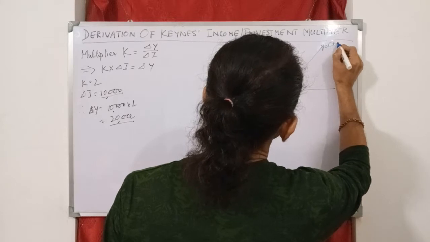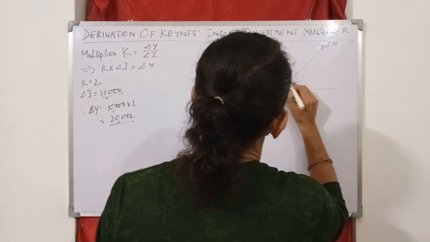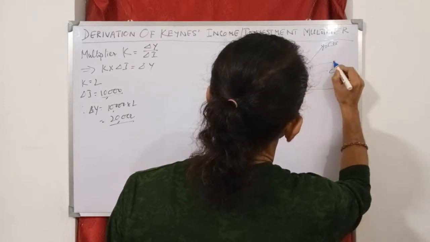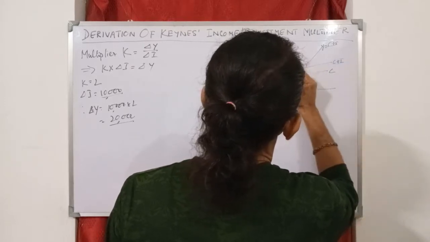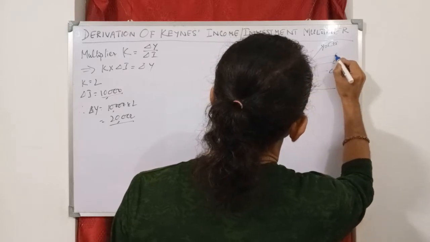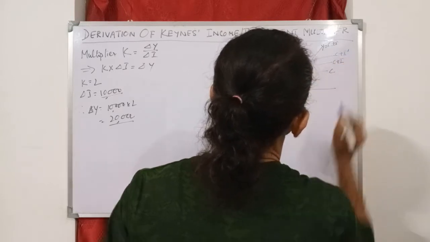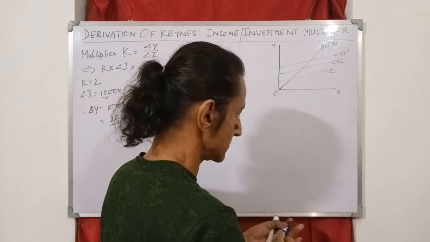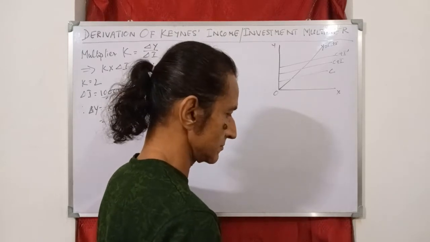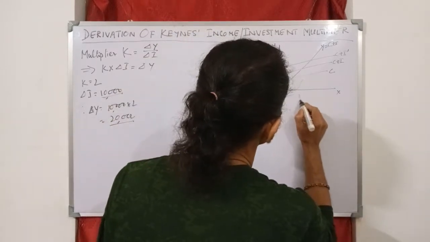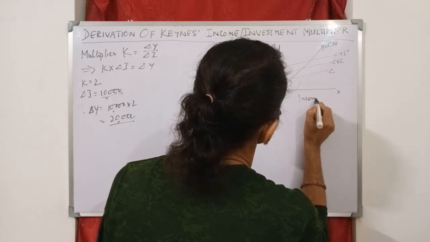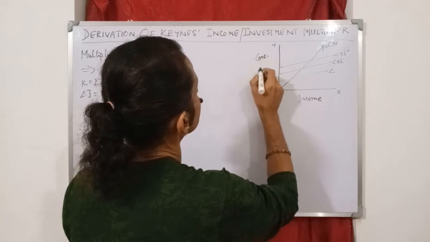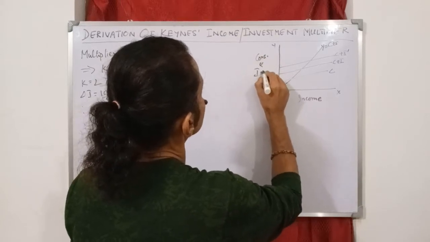Y equals to C plus S. On x-axis we measure income and on y-axis we measure consumption and investment.